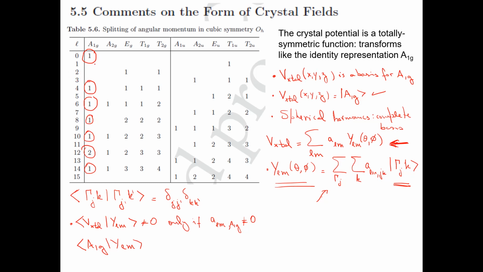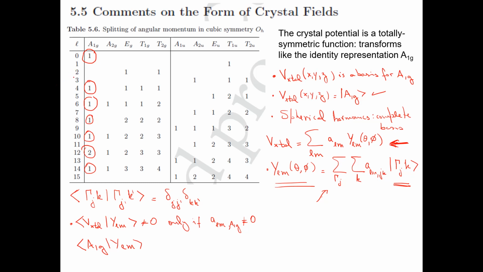You can see that after the constant term, you don't have a quadratic. Or first of all, you don't have any of the odd values of L in this expansion, and this is reasonable because the cubic crystal is even under inversion. But you also don't have some of the even values as well.